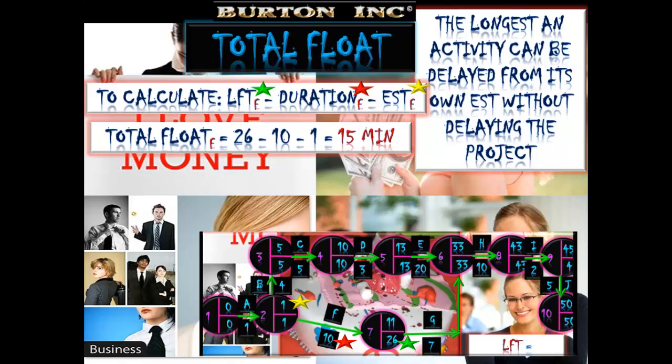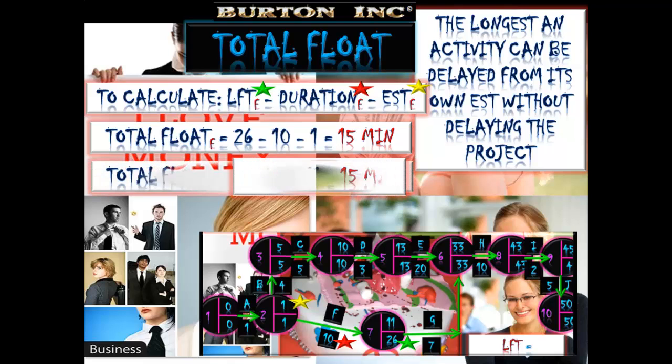So 26 minus 10 minus 1, we've got a total float of 15 minutes. So we don't need to undertake the start of task F for 15 minutes. We've got 15 minutes of messing around with start F, delaying things, getting things ready for it before it becomes critical.